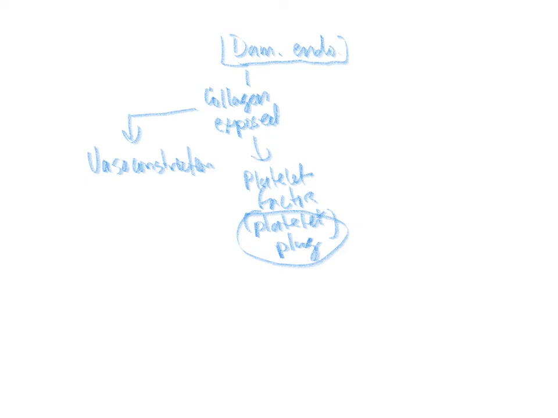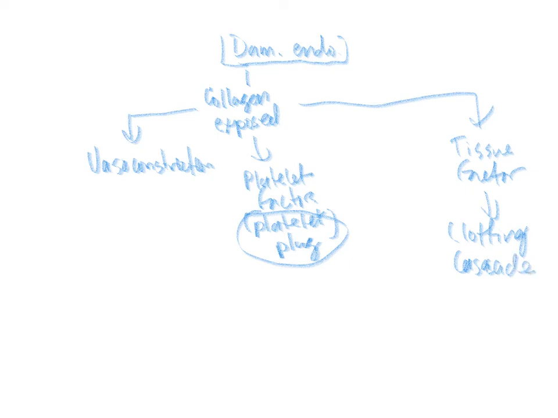At the same time, however, a couple of other things are happening. Because that endothelium has been damaged, there are what we call tissue factors that are also released, and those tissue factors are going to start what we call the clotting cascade. They're going to signal the release of several other proteins that are going to eventually form the final clot, step 3, right?